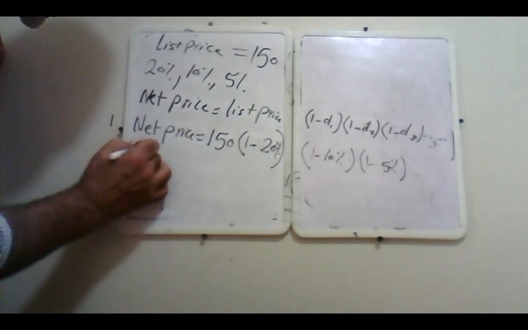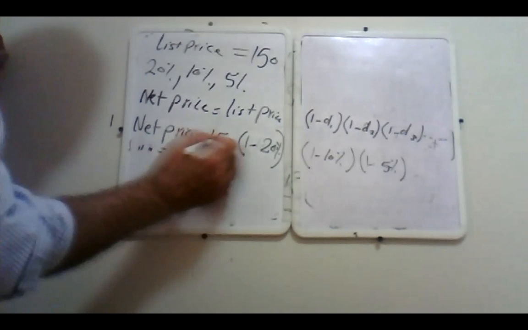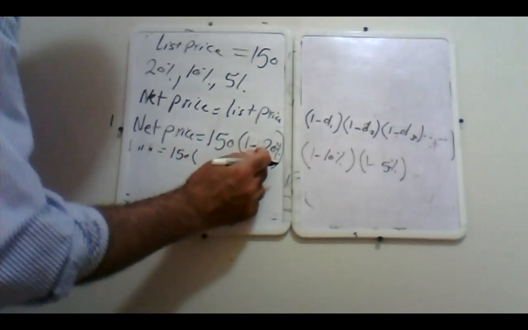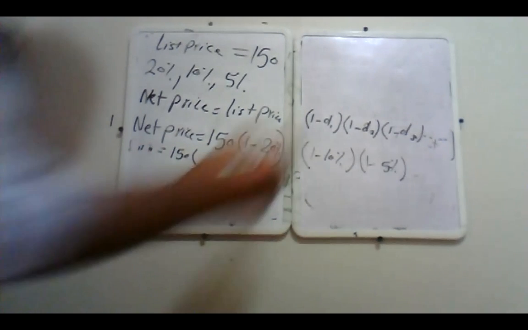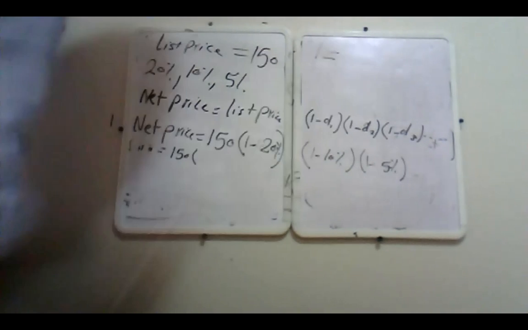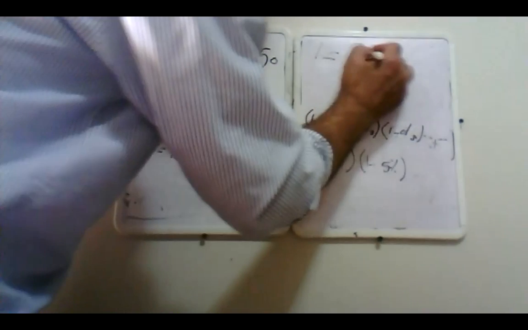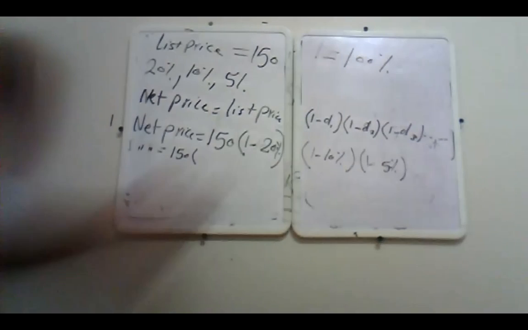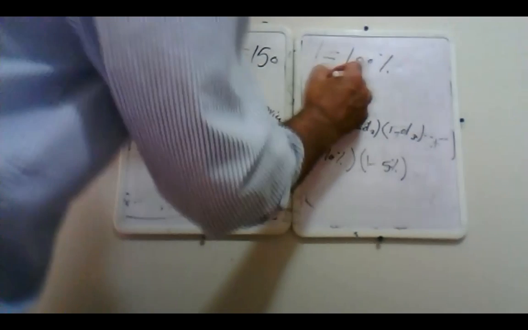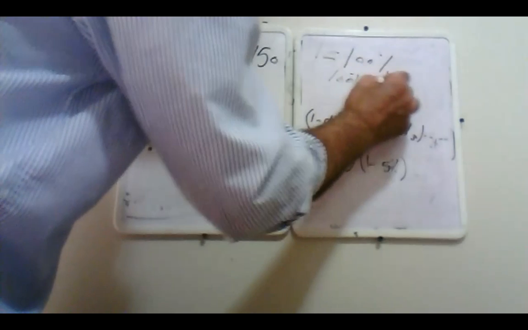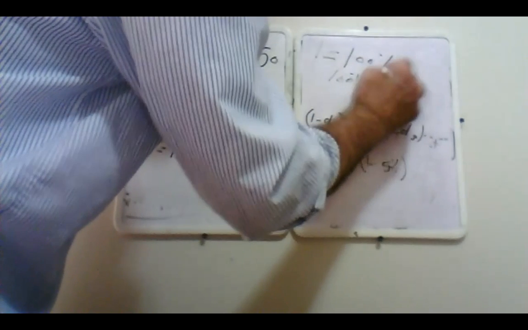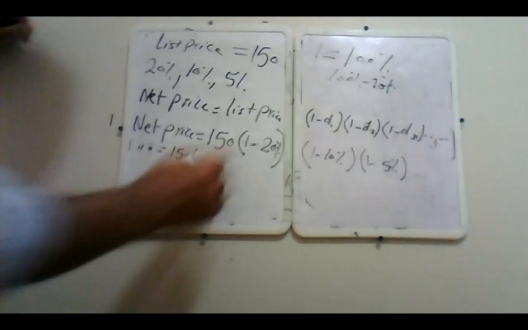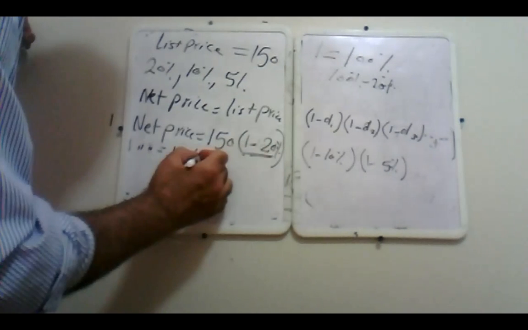Net price equals $150 times 1 minus 20%. 1 is 100%, so 100% minus 20% will be 80%.